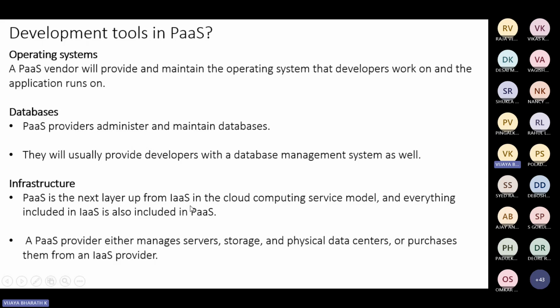Infrastructure is the other layer where all these higher level products, like the OS or the development software, are managed, and this infrastructure is also managed by the PaaS providers. Providers like Azure will take care of managing the server, storage, the physical data center, and any purchases with respect to database licenses.